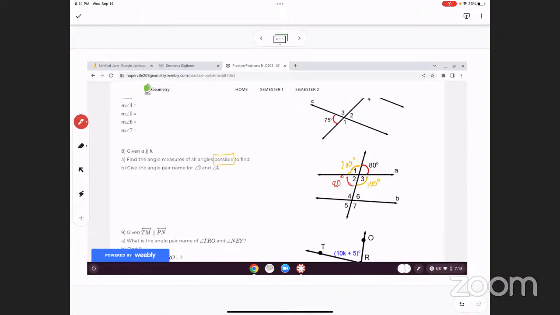No, 1 and 3 are vertical. Do you see how they're on the same side? Oh, wait, 2 and 4? Yeah, 2 and 4. Oh, they're same side interior. Yep, you got it. Same side interior. Okay, makes sense? Yeah.